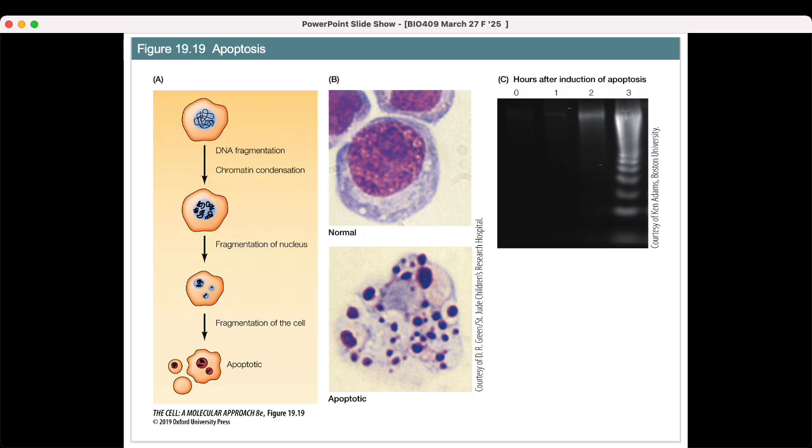This is satisfying for students because you're like, oh, this is a picture of gel electrophoresis. What it's showing here is if you put the DNA from a healthy cell into a gel electrophoresis experiment, that DNA is really long. Each chromosome is just one super long piece of DNA, so it just barely runs into the gel.